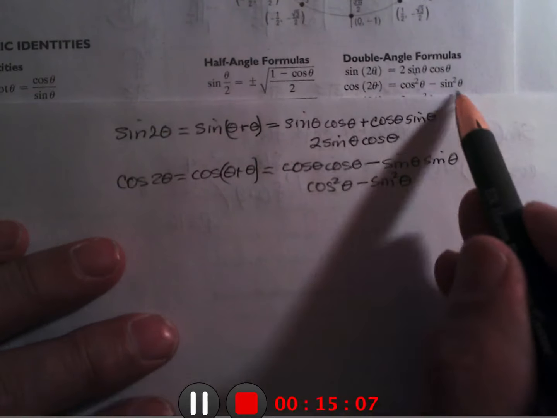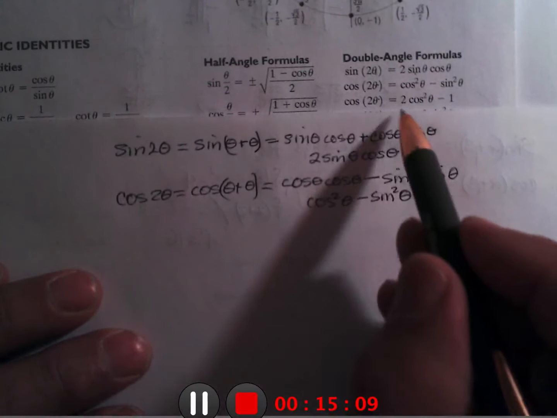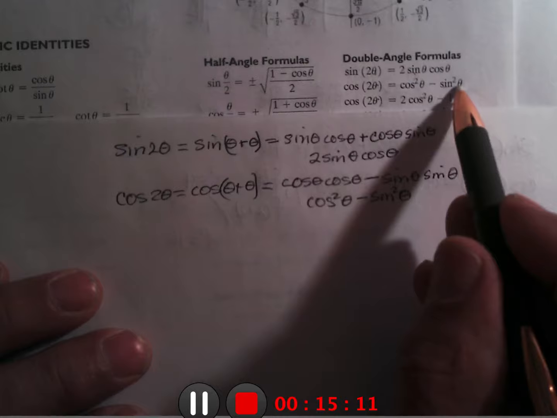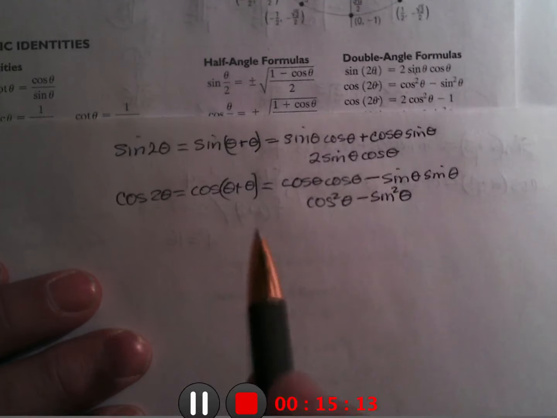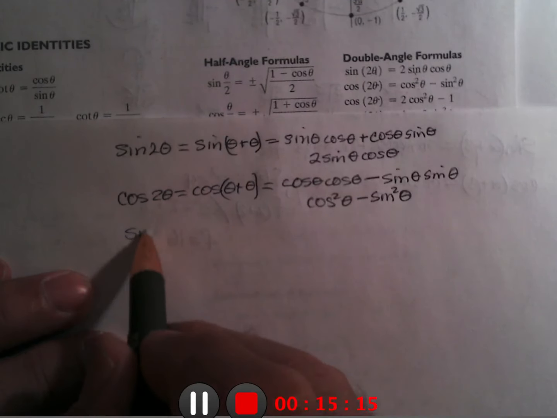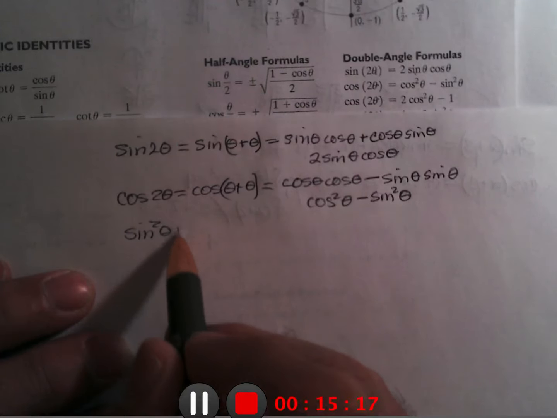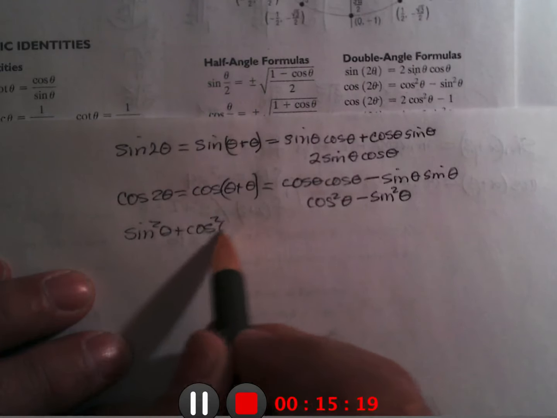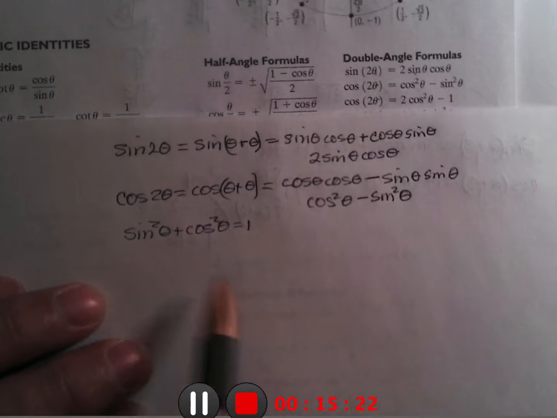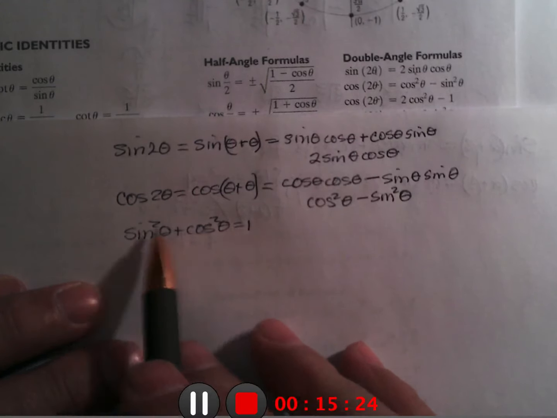This one, all they're doing is replacing the sine squared with 1 minus cosine squared, because sine squared theta plus cosine squared theta equals 1. Sine squared would be 1 minus cosine squared.